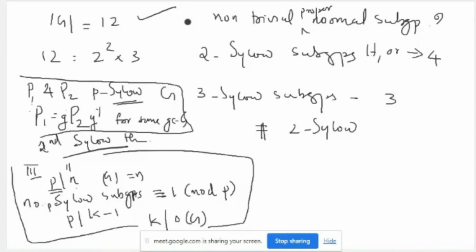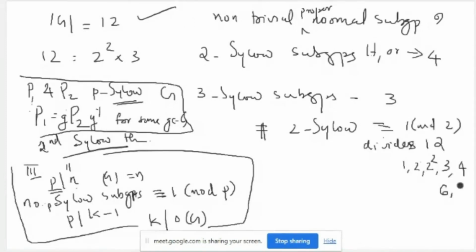The divisors of 12 are 1, 2, 3, 4, 6, 12. Among these, what are the numbers congruent to 1 mod 2? Only 1 and 3.